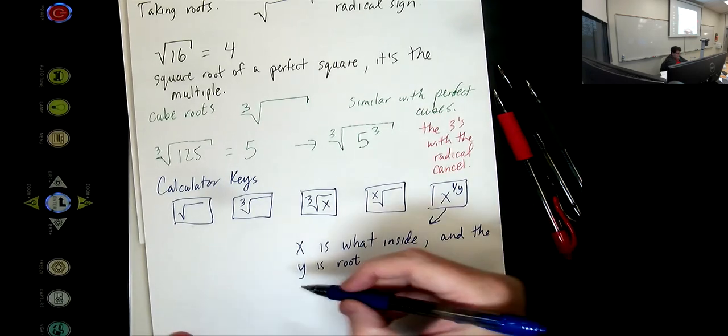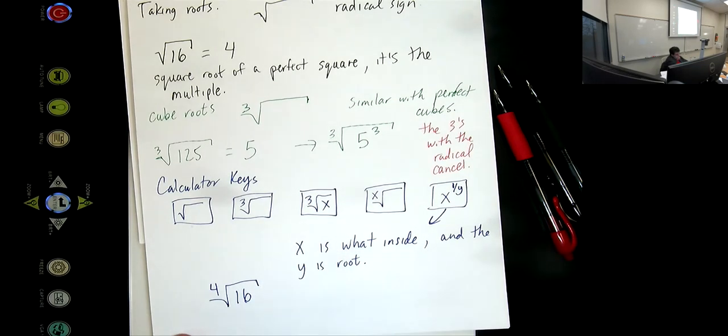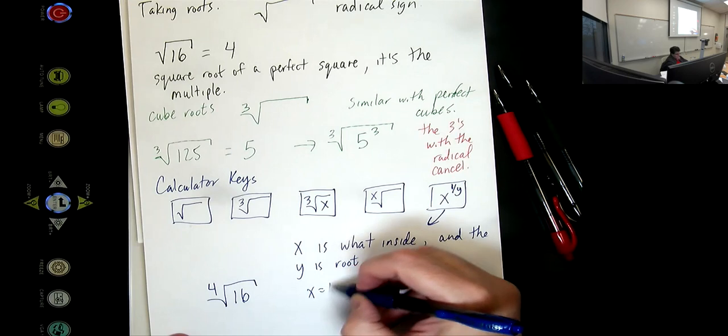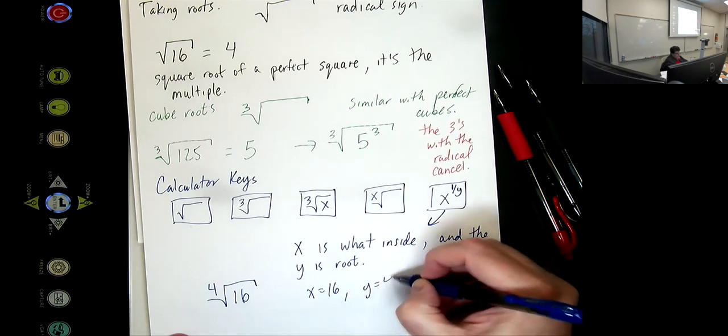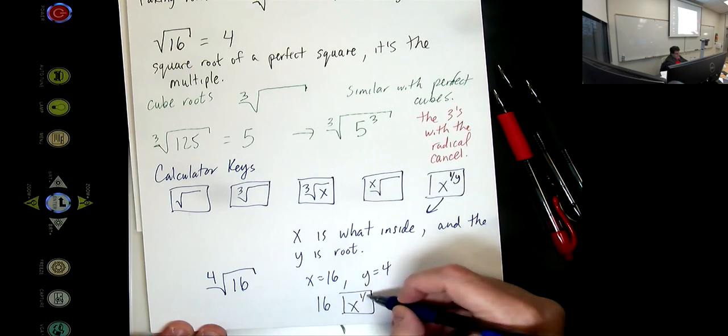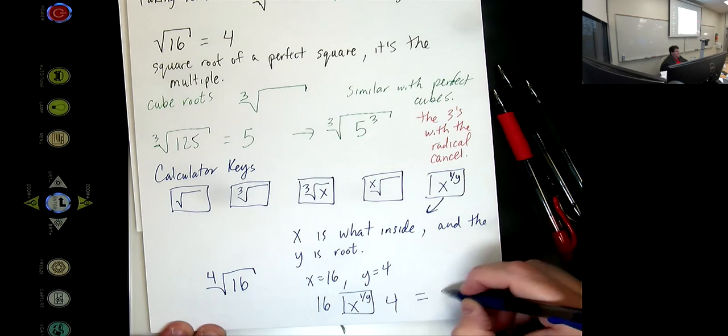So like if I want the 4th root of 16, X is 16 here, Y is 4. And you would say 16 X to the 1 over Y, 4. And it will tell you 2.